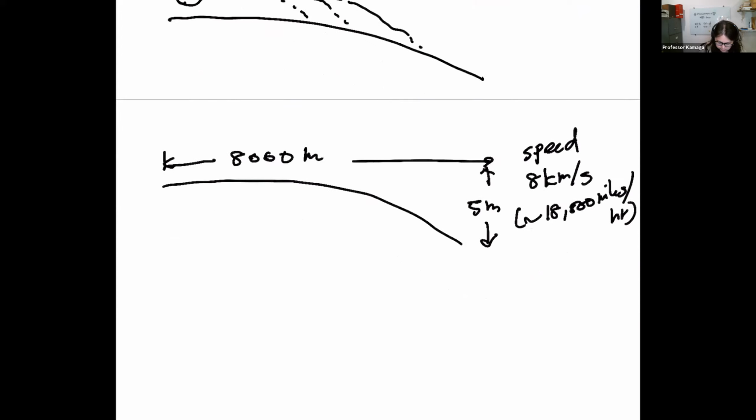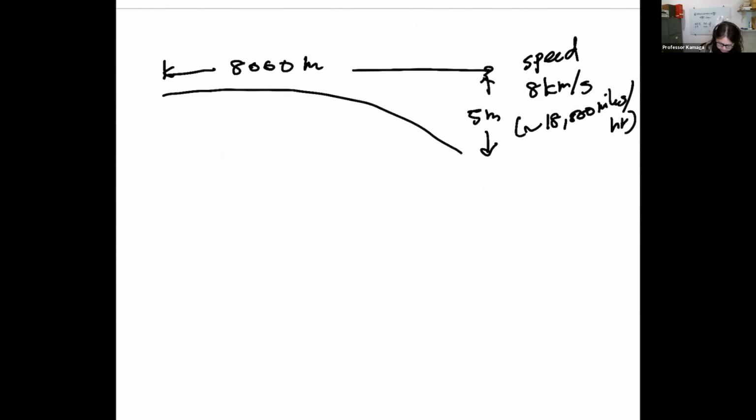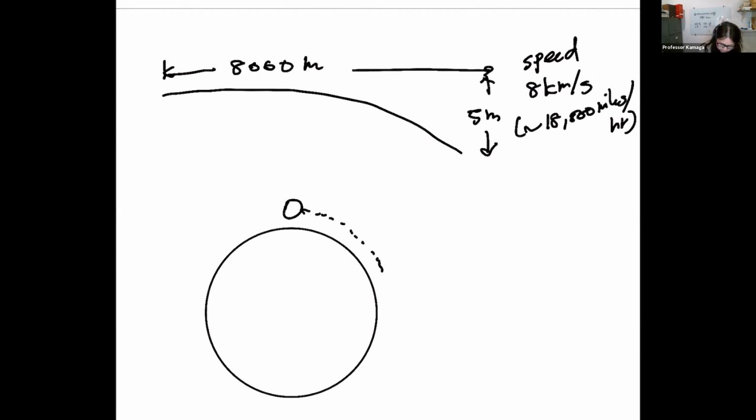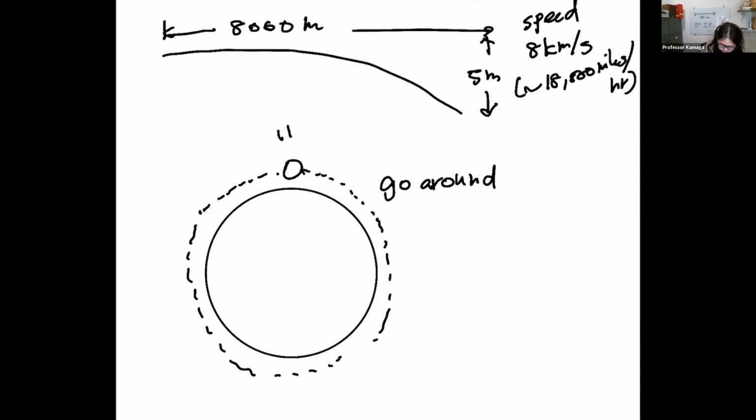At one point, it's going to match the curvature of the Earth. If you throw at 8 kilometers per second, then it can match the curvature so that it can keep going around. This is called orbit.